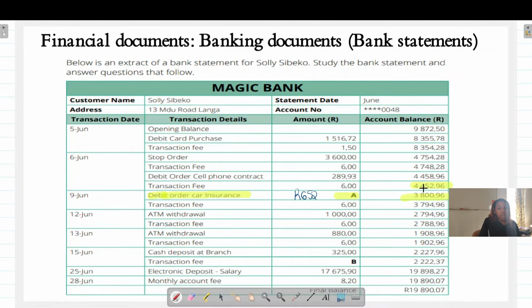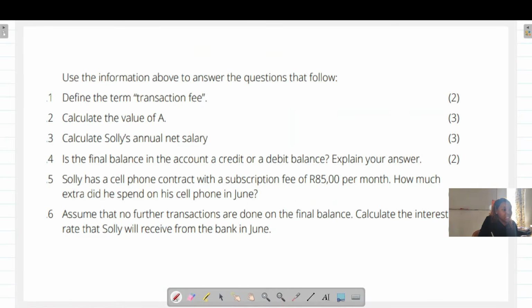If we take 4,452.96 minus 652, you'll get 3,896, because it is a debit. If it's a debit, we are subtracting that amount, because with a debit, money is getting removed. Cool stuff. Let's move on to the next question.